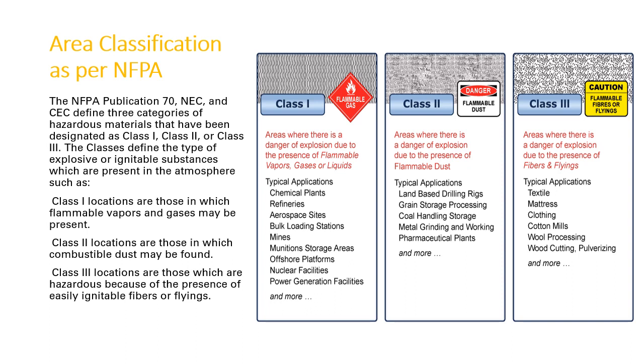And Class 3 is for textile, cotton mills, wool processing. This type of division is necessary because the hazard created by gas and vapor differs from the hazard created by dust or by fibers and flyings, and different precautions need to be taken. So this type of classification has been done.